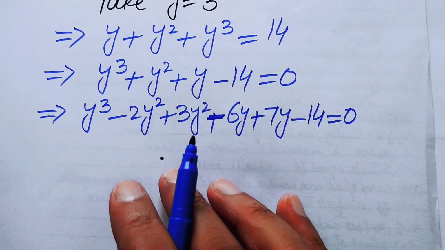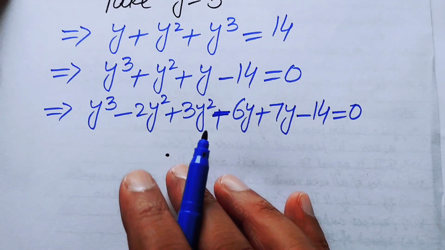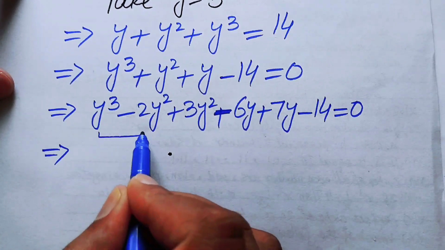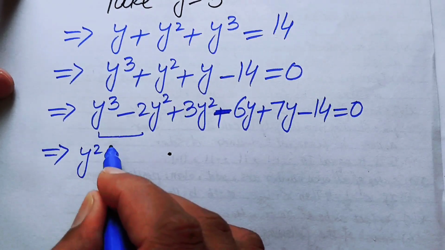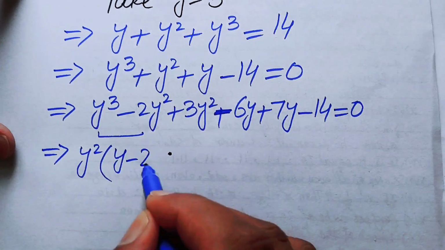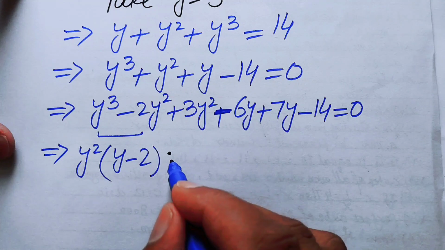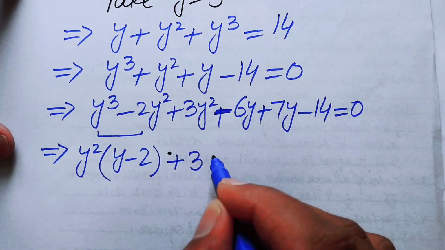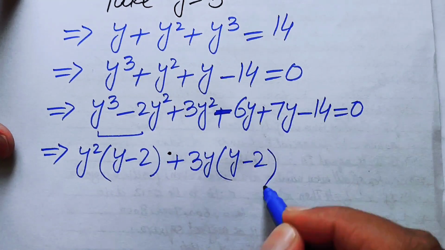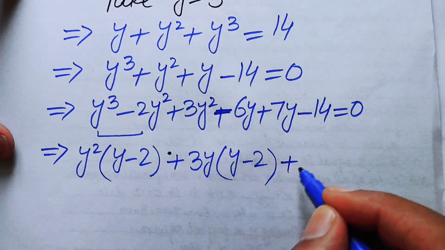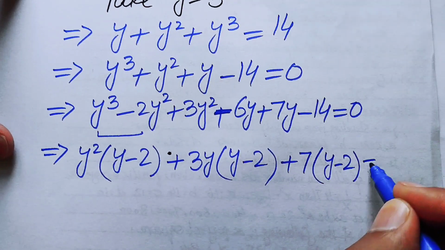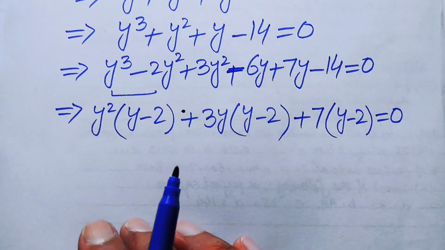Now in the next step we will easily make the factors of this equation. In the first two terms we will take common y squared, and you get y minus 2. Similarly in the next two terms we will take common 3y, and you get y minus 2, and in the last two terms we will take common 7, and you get y minus 2 is equal to 0.